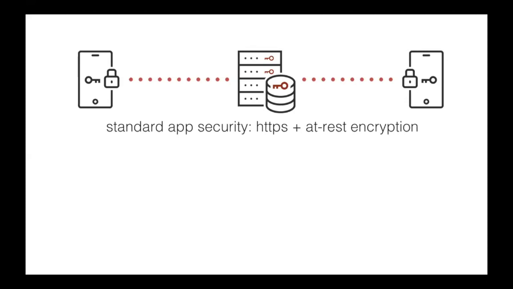One mobile device sends a message to the other one, and it goes through a server. HTTPS is used to encrypt that data while it's going through the internet, but when it arrives at your backend servers in the cloud or in your data center, that encryption ends, it terminates. Your web servers will be able to see the data, will have keys to access the data, and then your database will have access to that data too.